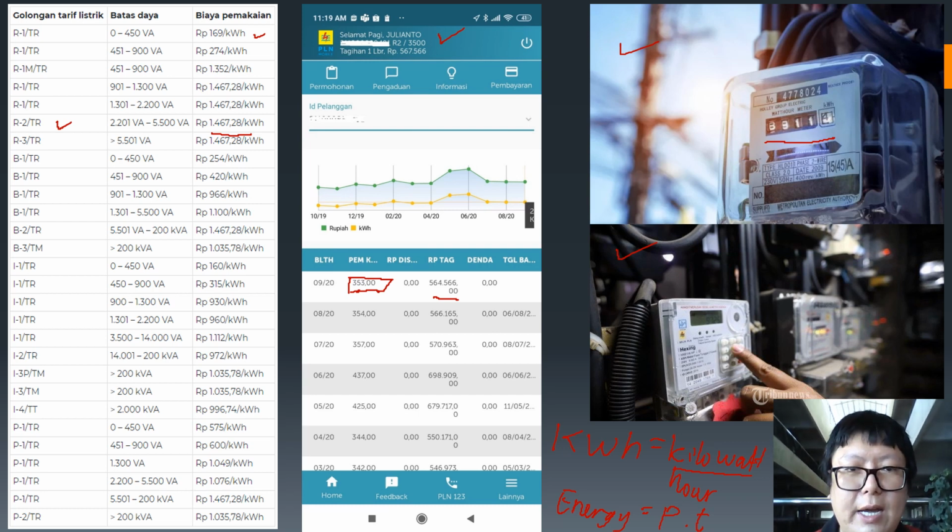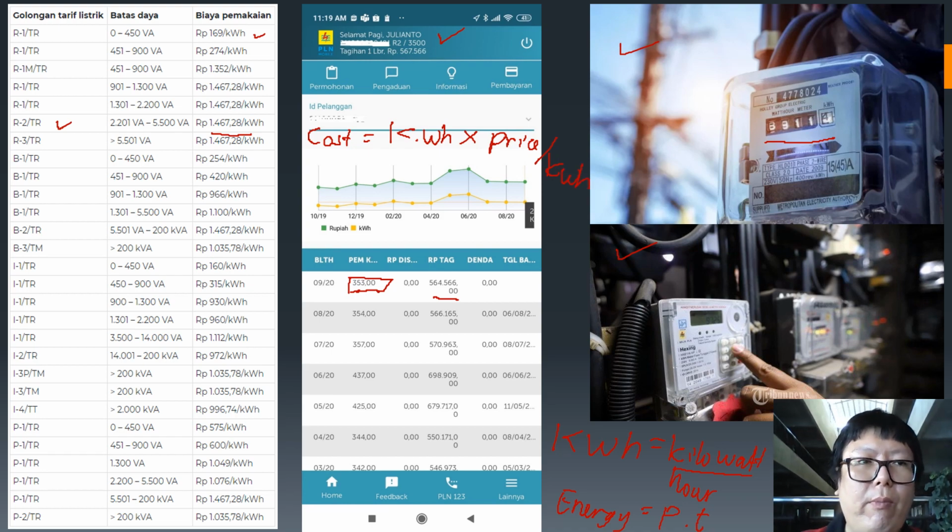So we can say that the cost is kilowatt hour times price per kilowatt hour.